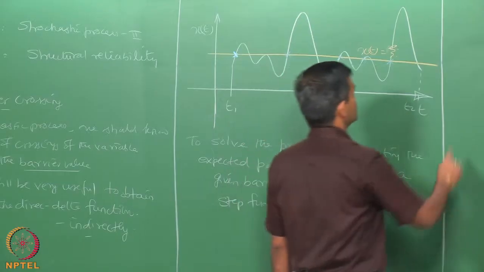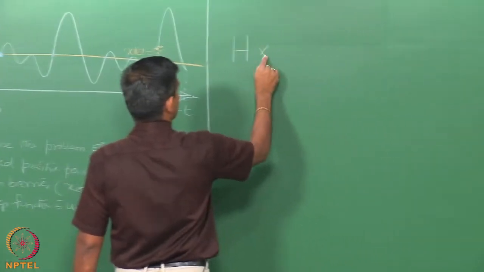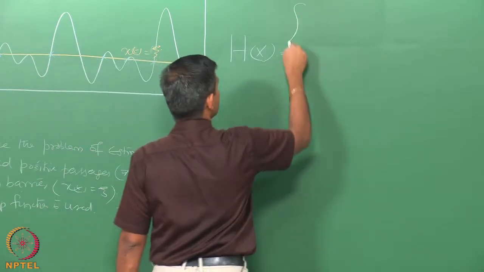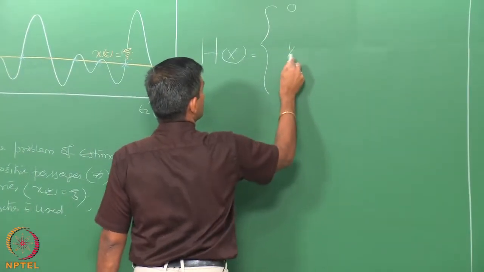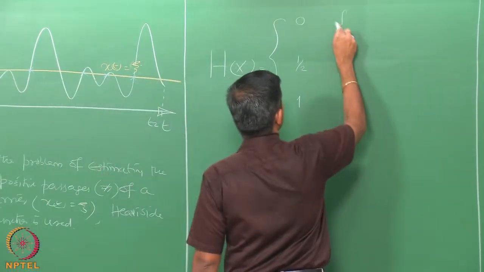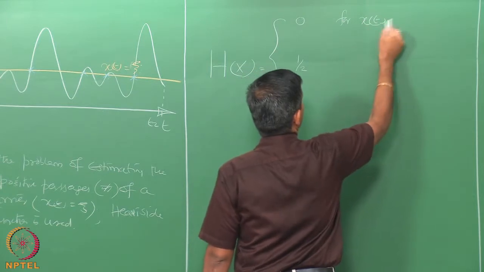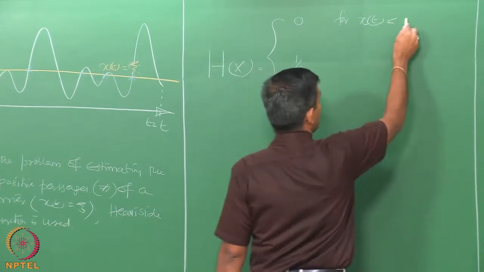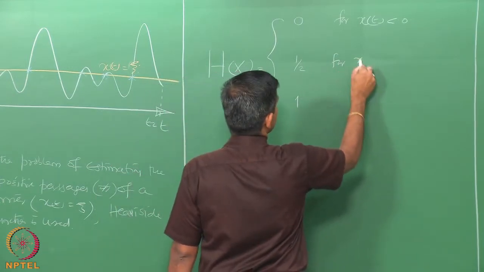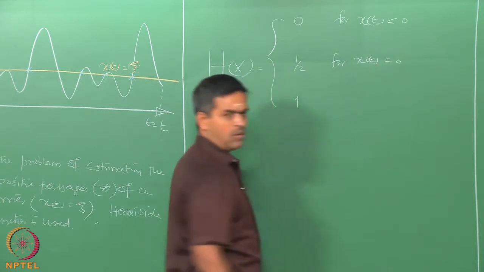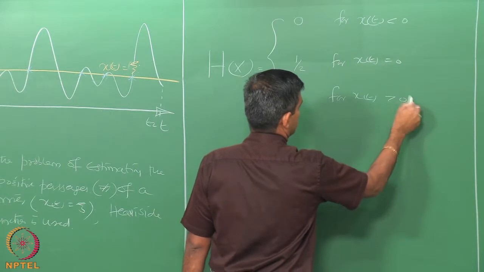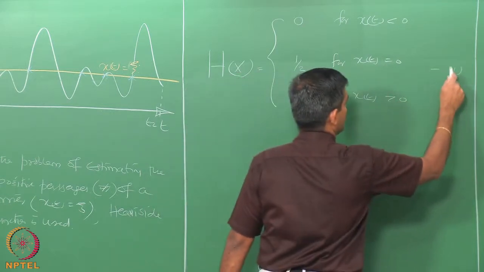The Heaviside step function h of x is said to be 0, half and 1 for different conditions: for x of t less than 0, for x of t equals 0, for x of t greater than 0. I will call this equation number 1.